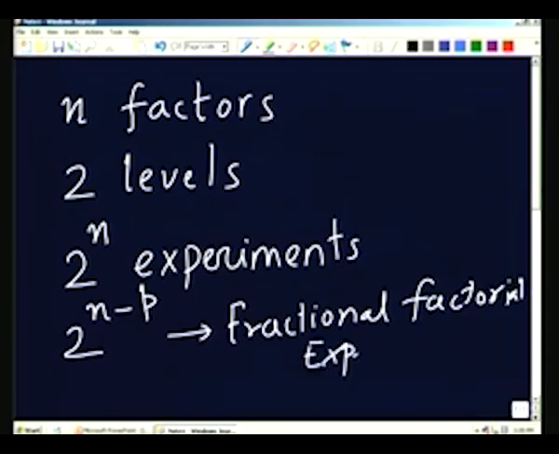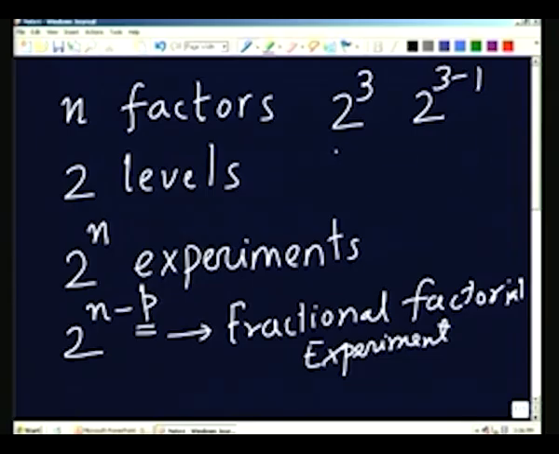So in the case of fractional factorial experiment, I will not be able to resolve all the factors, main factors, then the products and so on and so forth. That means that this is going to reduce the number of experiments. At the same time, it will also resolve less number of factors. So we say that the P here will reduce. If for example, we had 2 to the power of 3 and then we have 2 to the power of 3 minus 1. So here how many factors are there? 8 factors are there.